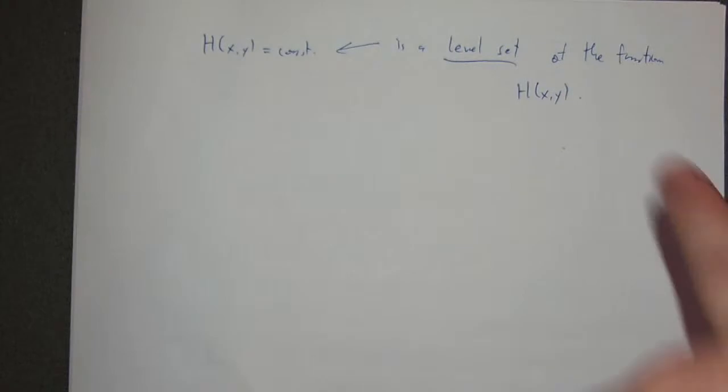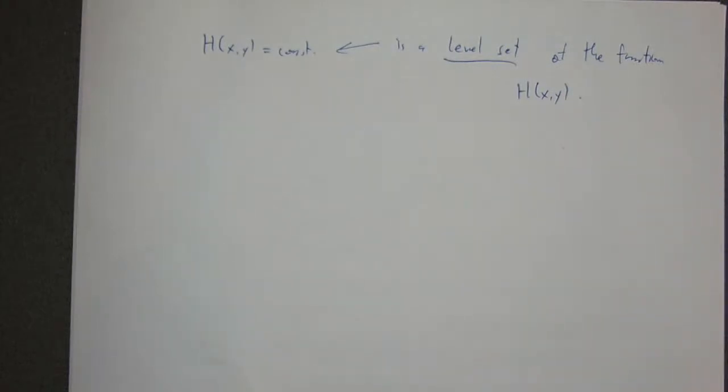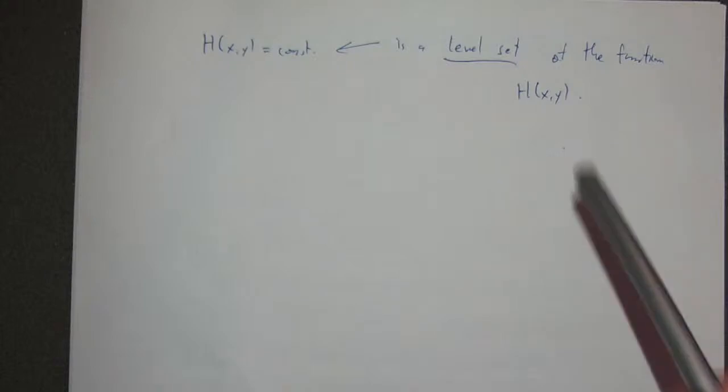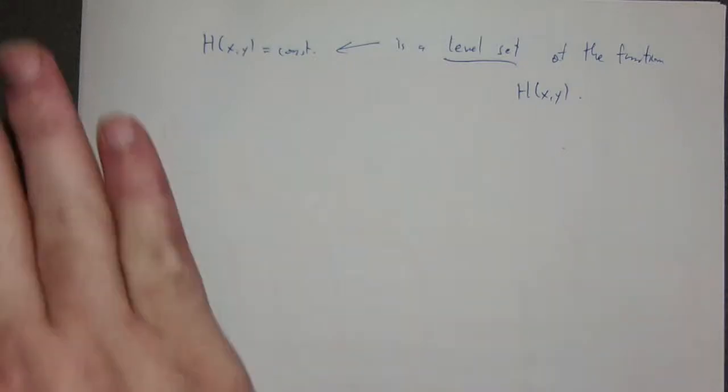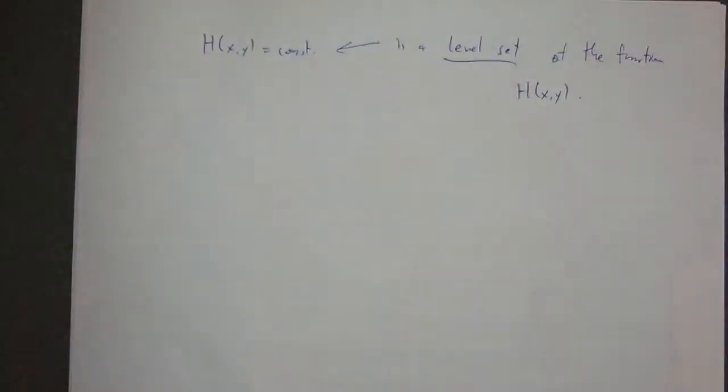We know from Calc 3 that the graph of h of xy is some graph. I need 3 spatial dimensions in order to plot this graph. If I'm lucky and h is nice, this h plots like some surface in space. Level curves to the graph of h would be planes cutting through at different levels.